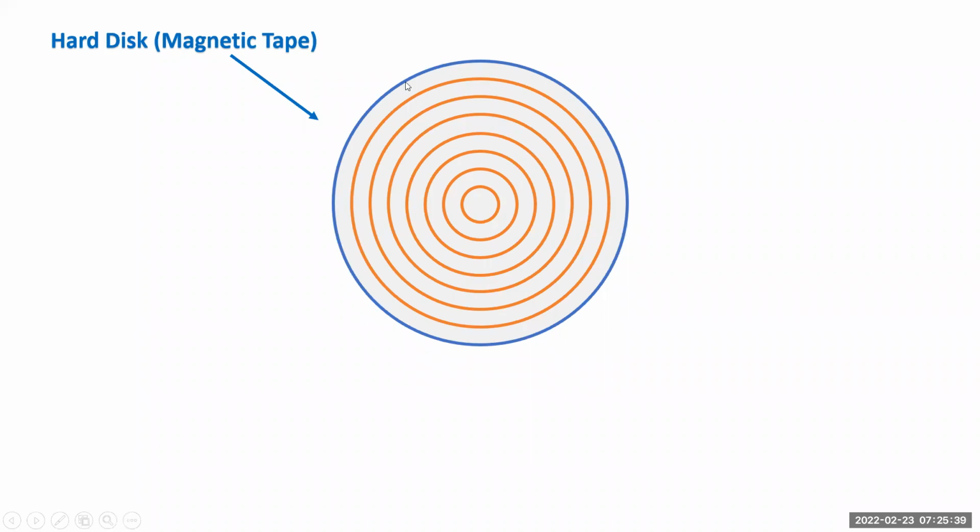Understood? Now each track will be divided into blocks. Each small piece here is called a block. Understood? And now each block will be further divided into sectors.